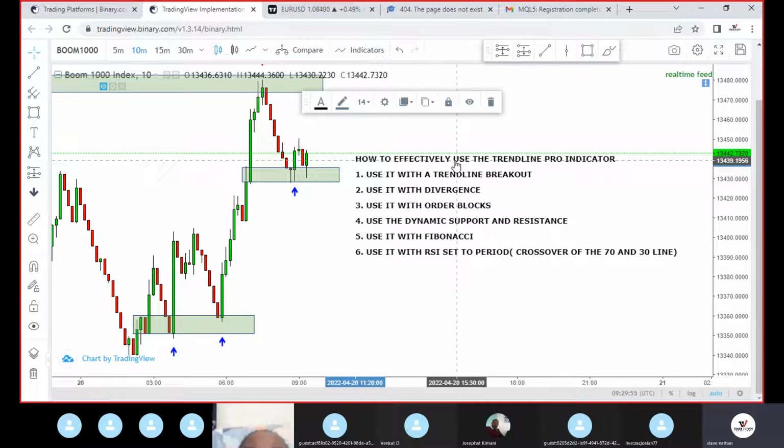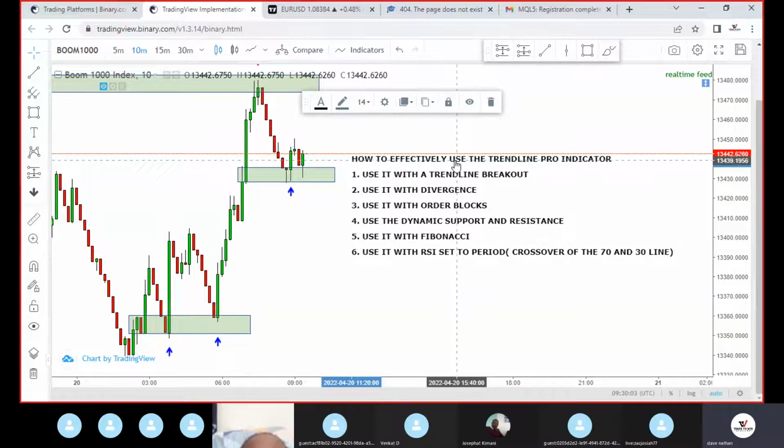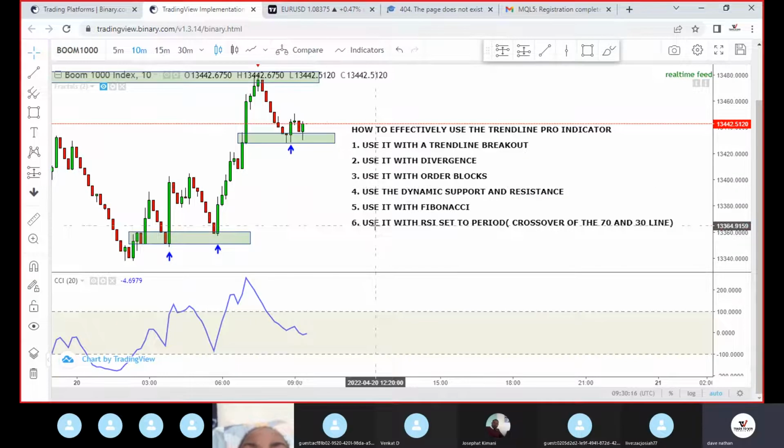What else? Use it with Fibonacci and use it with the RSI set to period 4. Please let me edit this so that it's clear for those of you writing.